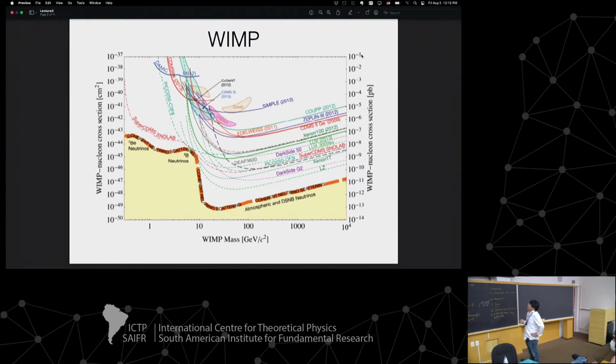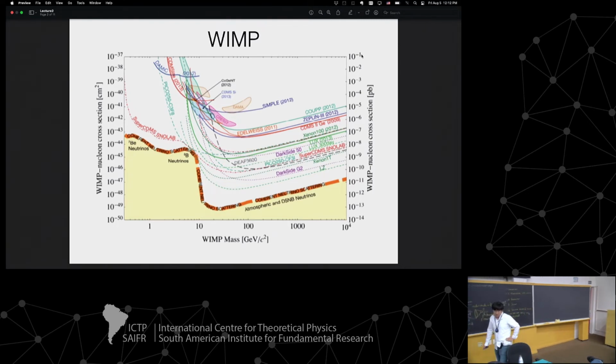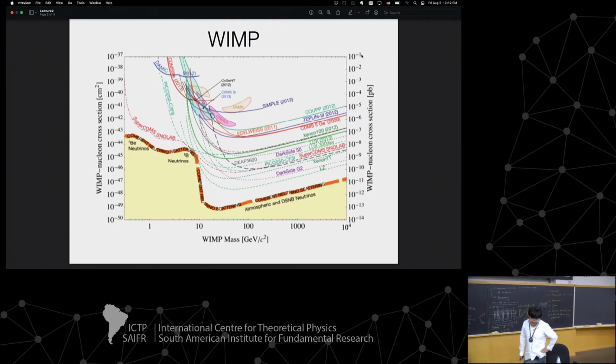On this side it is even harder: these are neutrinos coming from our atmosphere, from cosmic rays hitting our atmosphere, and some neutrinos from supernovae, the diffuse supernova background. In this range we might still be able to go below the neutrino floor by a little bit, but it will be much harder. Okay, so that's for WIMPs.